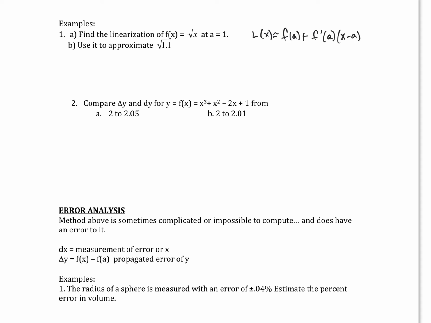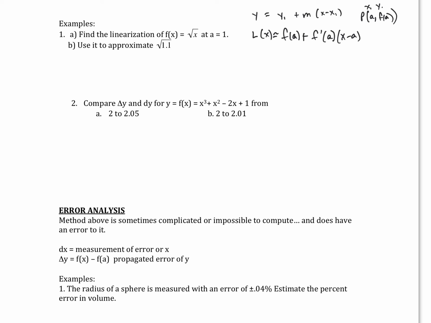Again, this was y is approximately y1 plus m times x minus x1. It was just our point slope formula. We just messed around with it a little bit and put in our point P, which was a, f of a, for x1 and y1.